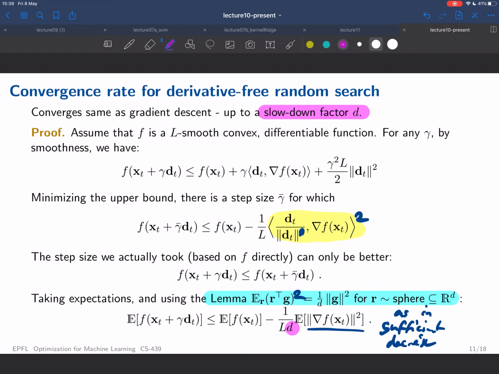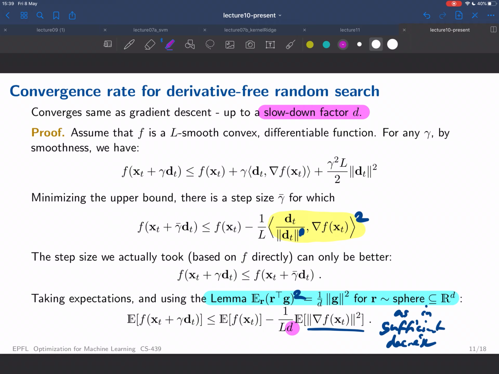It is actually quite an important argument in practice, because many times you actually do not have gradients, and this is the only thing you can do basically. And it's nice that we also understand how it converges and how it depends on how many variables you have. So this D, the number of variables, has a huge influence, so it's D times slower.